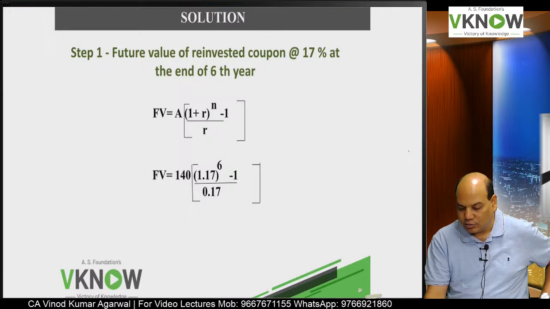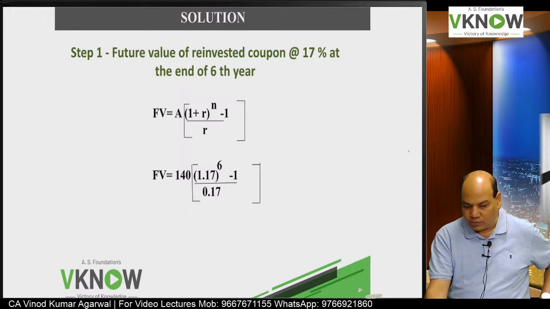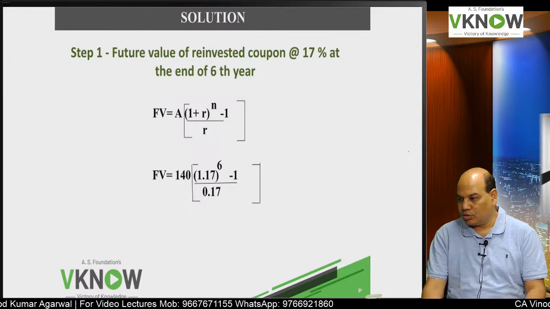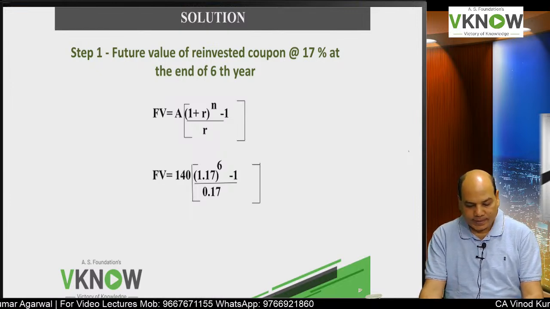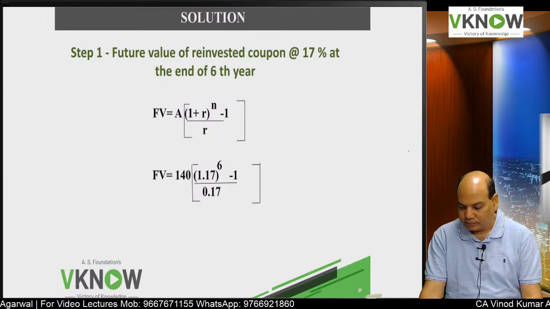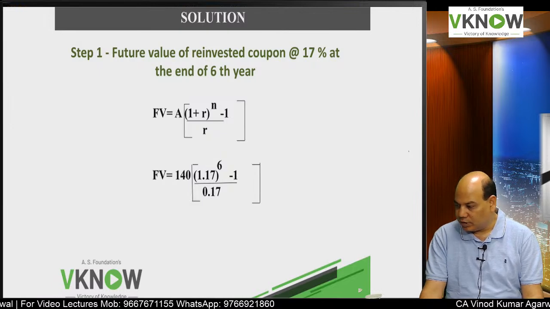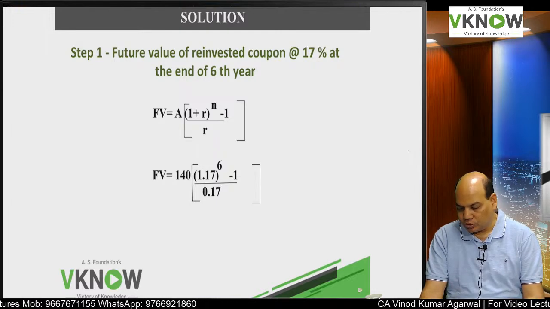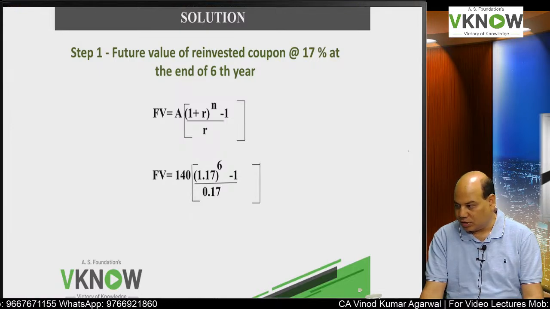So we'll go to step 1. Step 1: calculate future value of reinvested coupon at 17% at the end of 6th year.